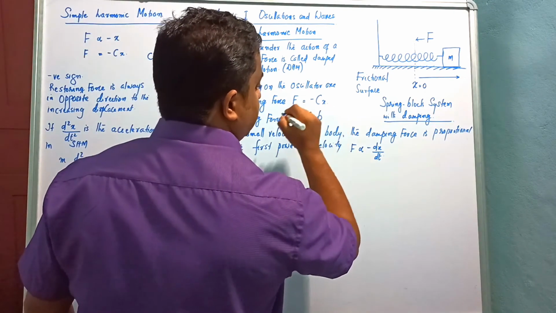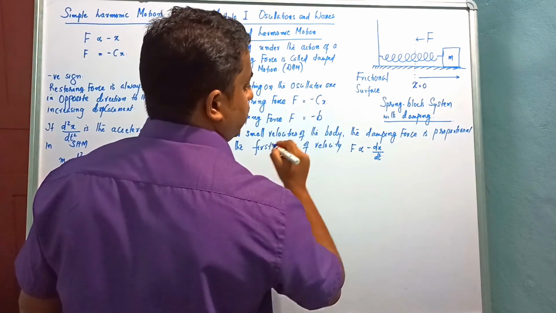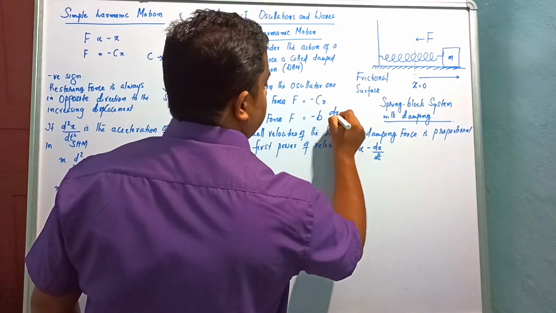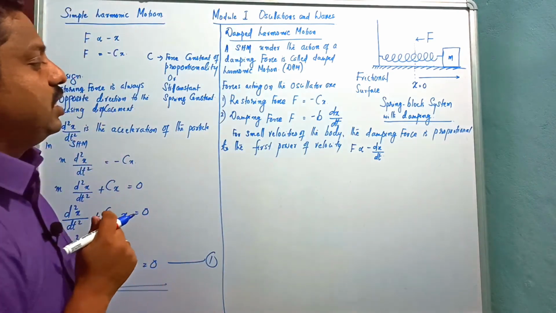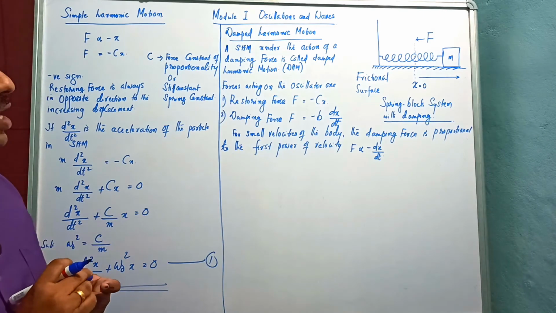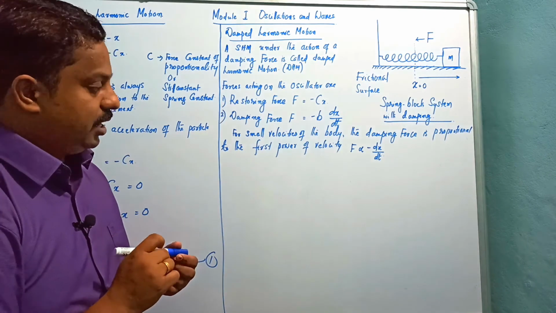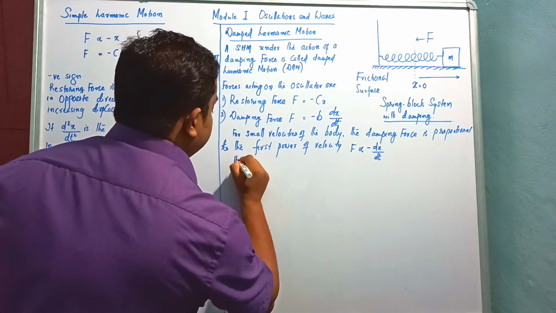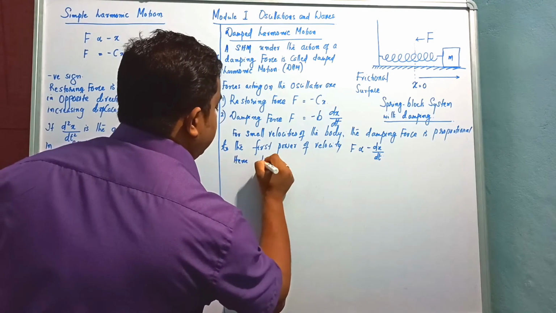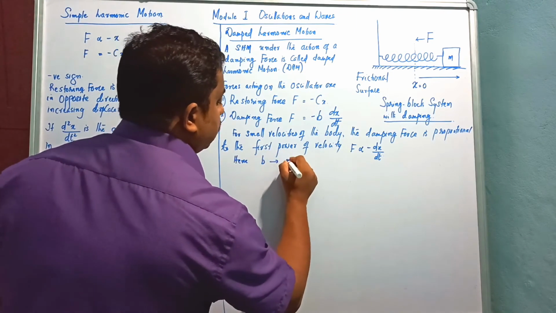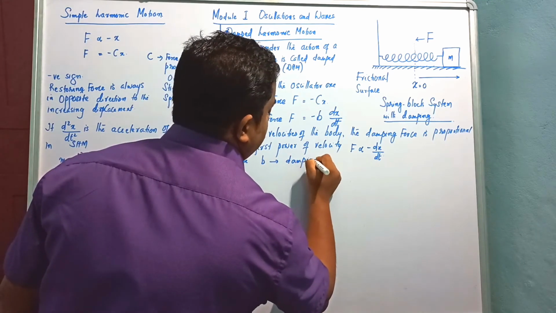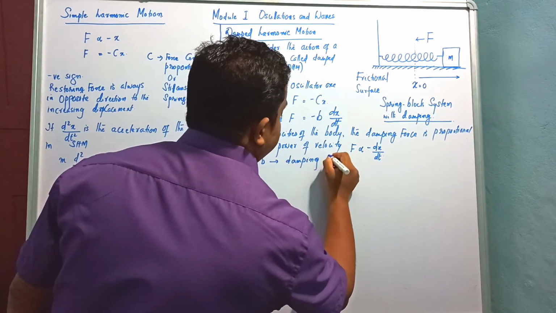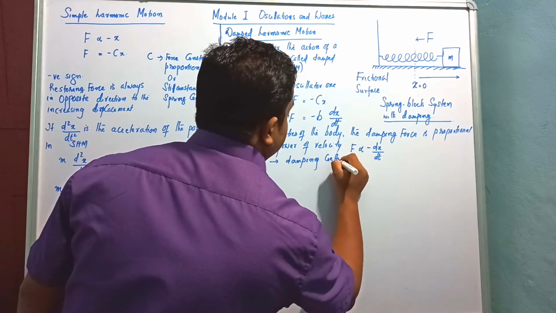So b is a proportionality constant, and the damping force is minus b dx by dt. Here b is a positive constant called the damping coefficient.